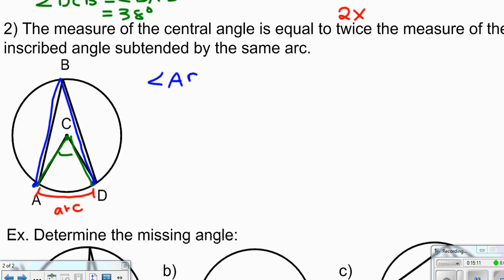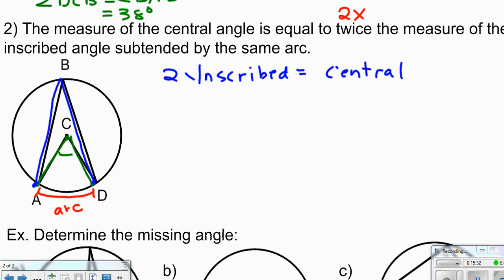So angle ABD is, oh, sorry, missed a word. I want to write inscribed first. So what this is saying is that the central is equal to 2 times the inscribed angle.